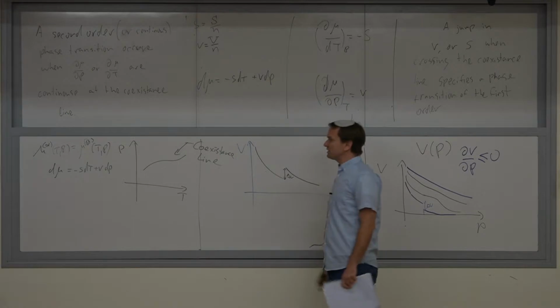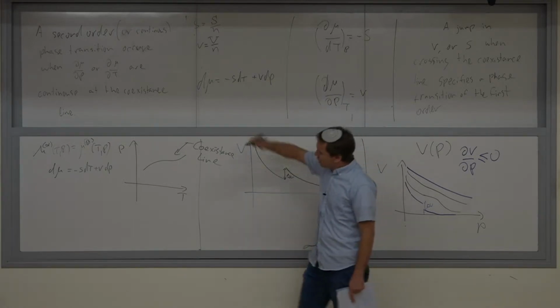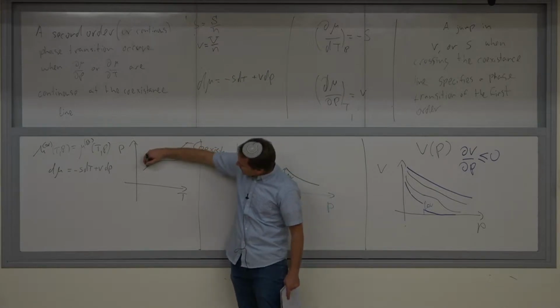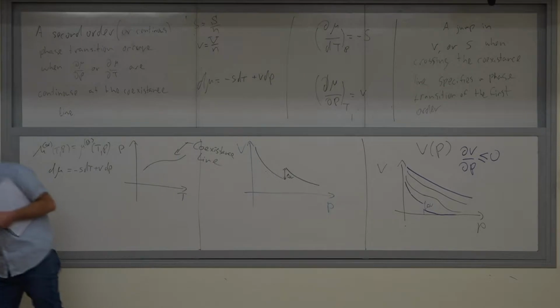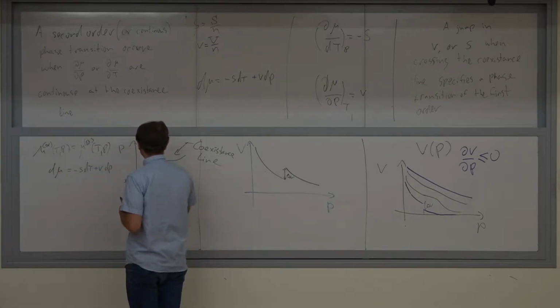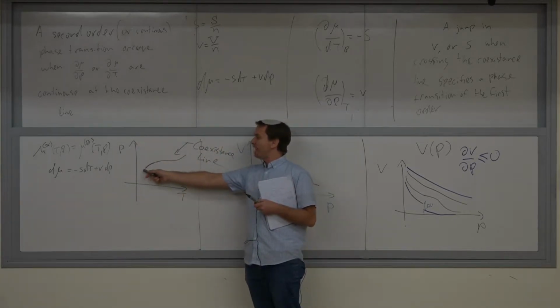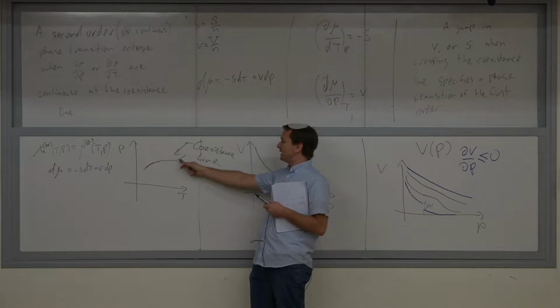Okay, so there is no difference in the chemical potentials when I'm stepping on this line over here. There is no difference between the chemical potentials of phase alpha and phase beta when I'm going exactly on this line.